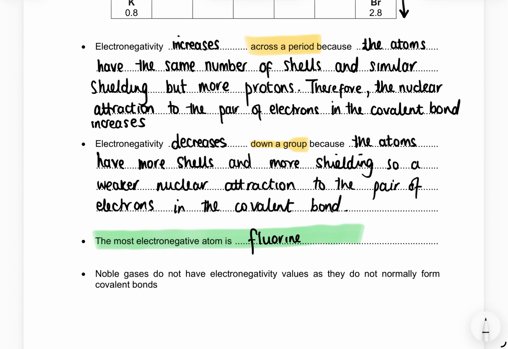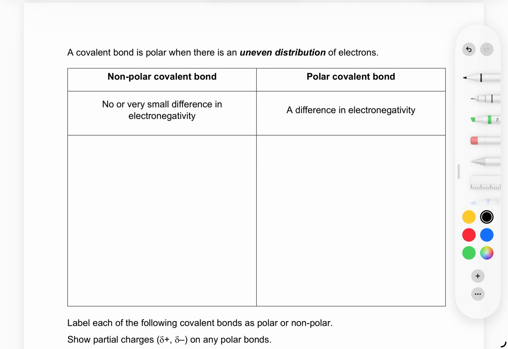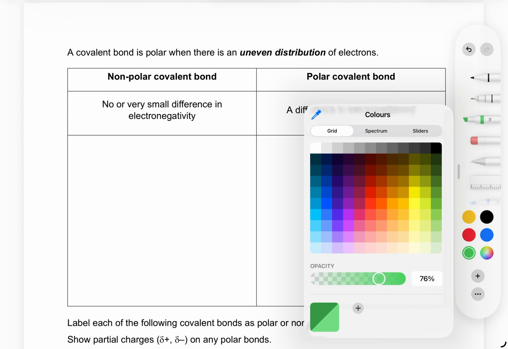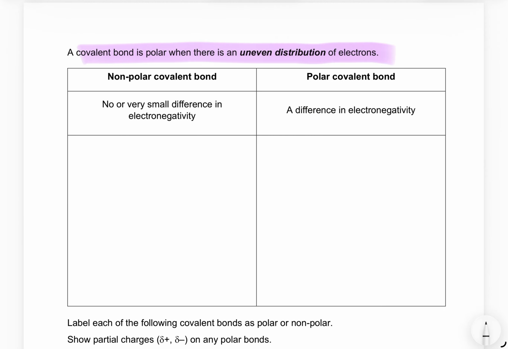So if we have two atoms with different electronegativity values joined to each other in a covalent bond, then that covalent bond will be polar, because there will be an uneven distribution of electrons. We have a non-polar bond if we've got an even distribution.